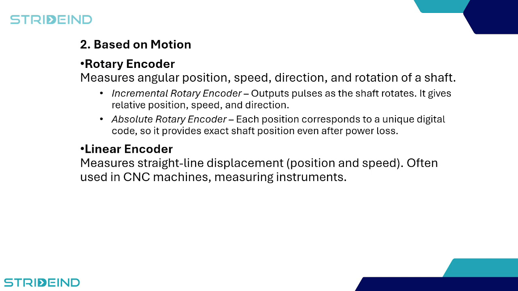Linear encoders. Linear type encoders measure straight line displacement, position, and speed, often used in CNC machines, measuring instruments. Again, rotary encoders are monitoring the rotational movements. Linear encoders are monitoring the linear movement or flat movements, straight movements.